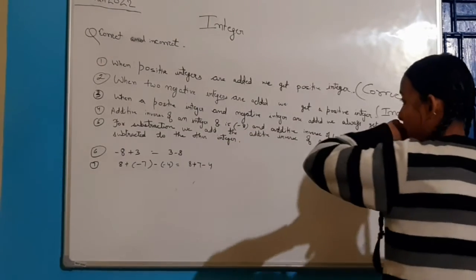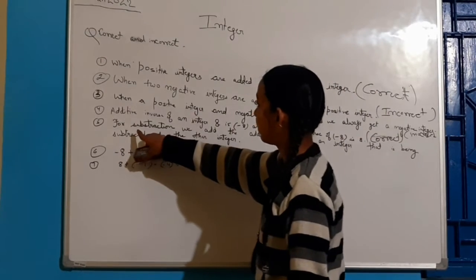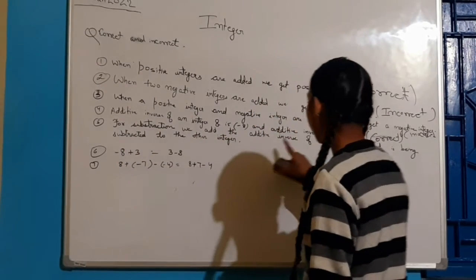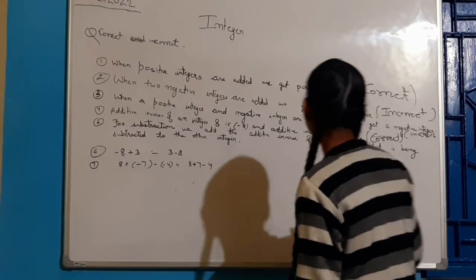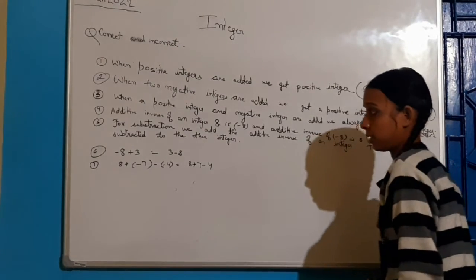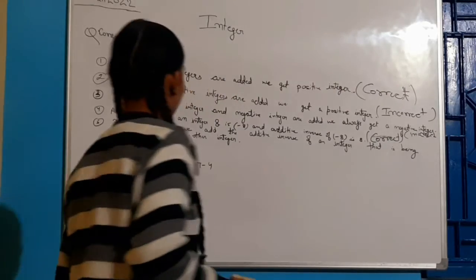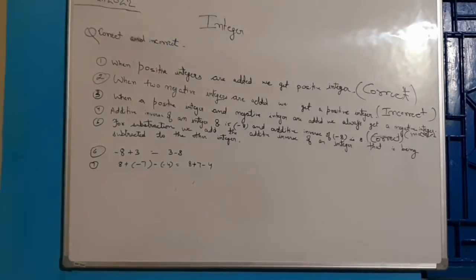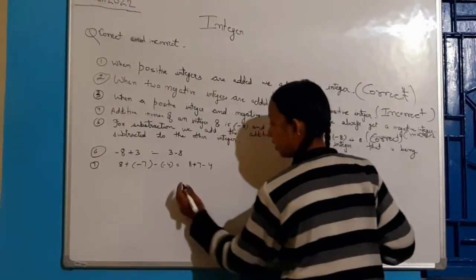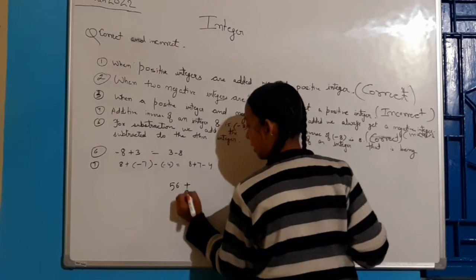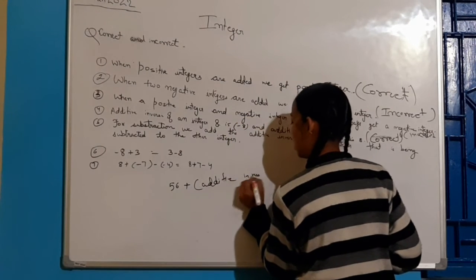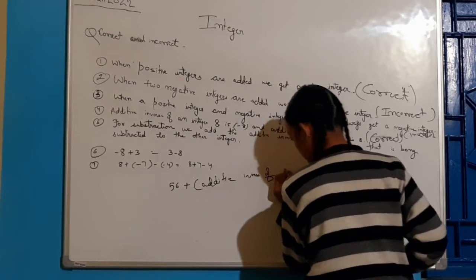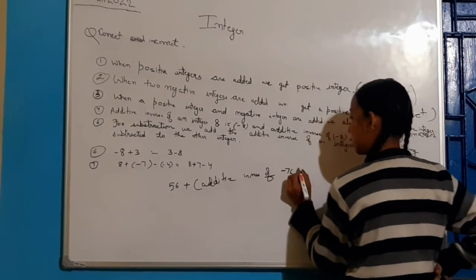Now, the fifth sentence: for subtraction, we add the additive inverse of the integer that is being subtracted to the other integer. Is it correct or incorrect? Take 56 minus -76.